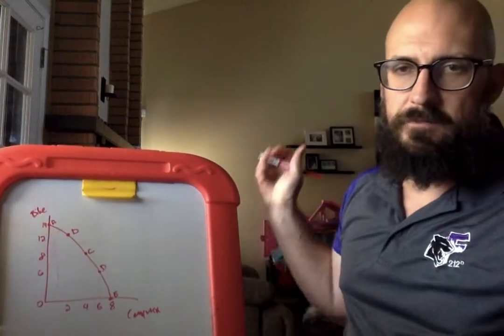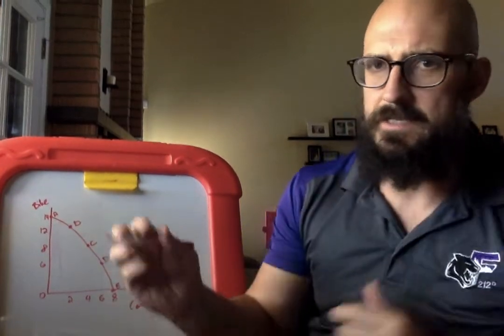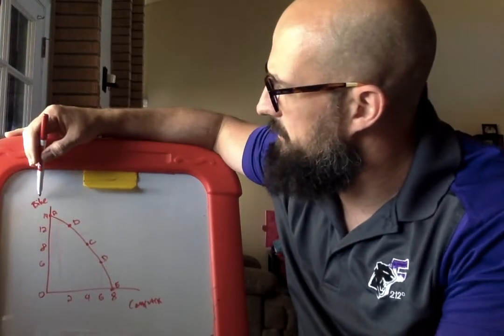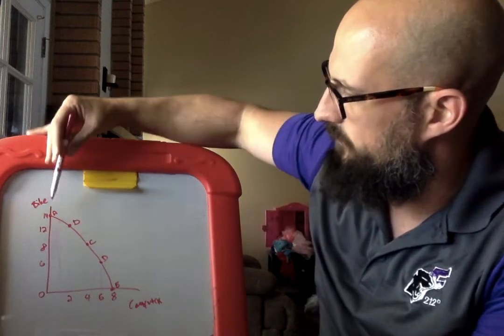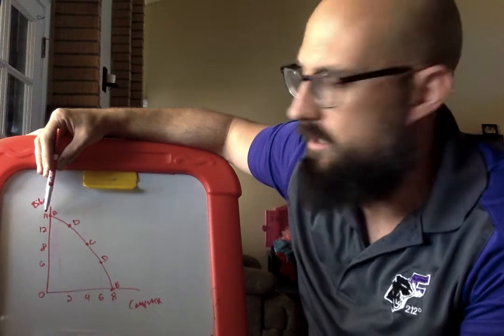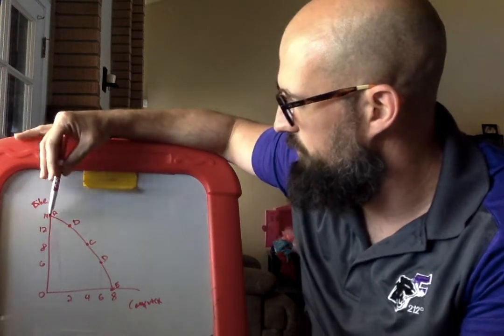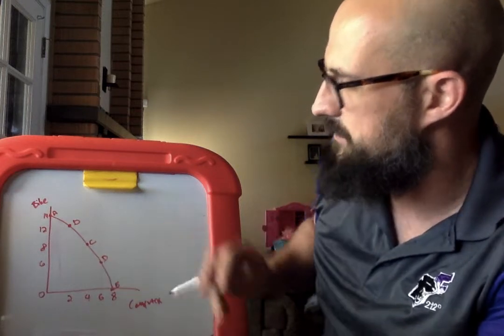Your graph should look something like this. We have bikes on our vertical axis and computers on our horizontal axis, with our different points. Point A represents making 14 bikes and 0 computers. Point E represents making 8 computers and 0 bikes.